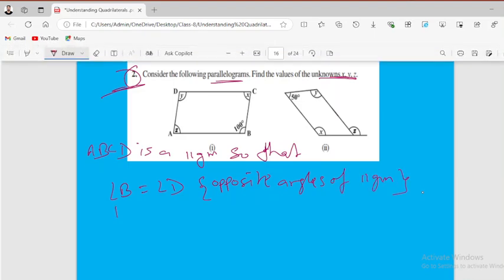Angle A is 100 degrees, so angle D is equal to 100 degrees.